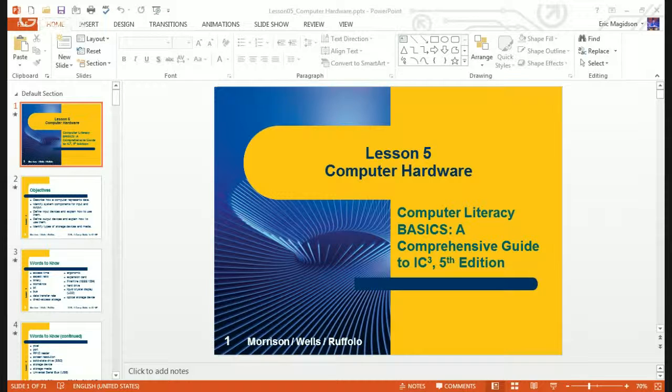But back in the day, before all-in-ones, does anybody know what an all-in-one is? What is an all-in-one? Well, there's 2 all-in-ones. There's an all-in-one computer, and then there's what we refer to as an all-in-one peripheral. I'm talking about the all-in-one peripheral device.